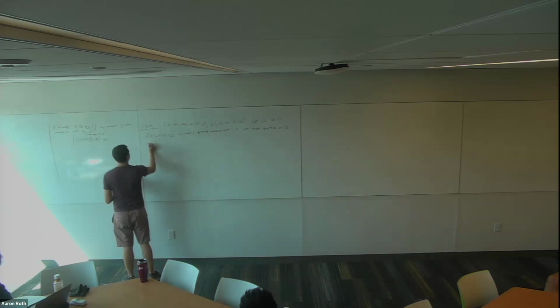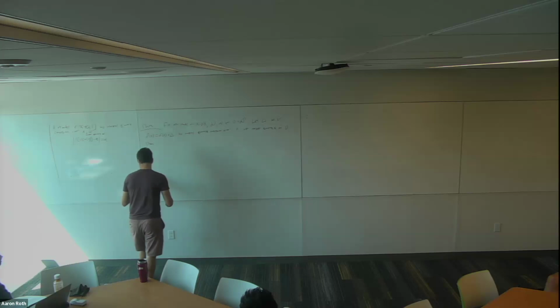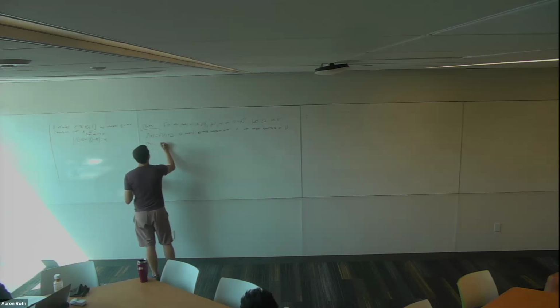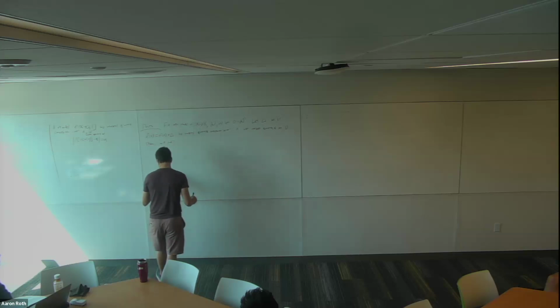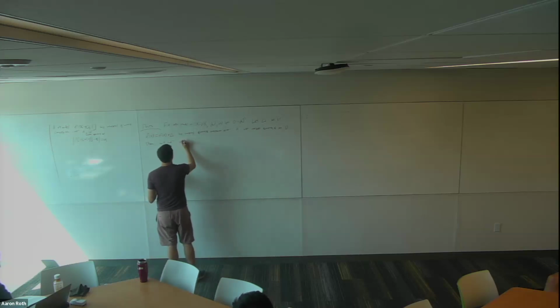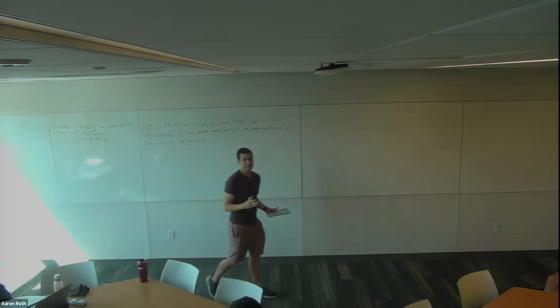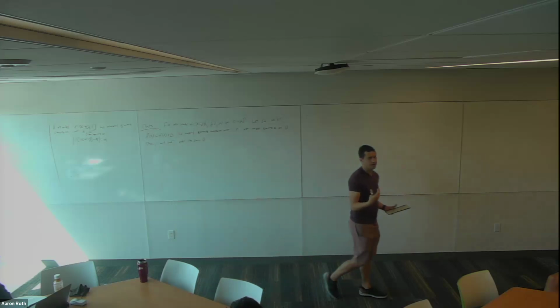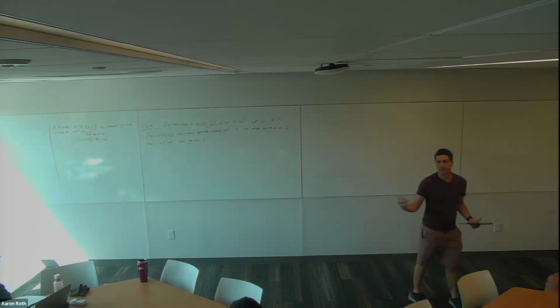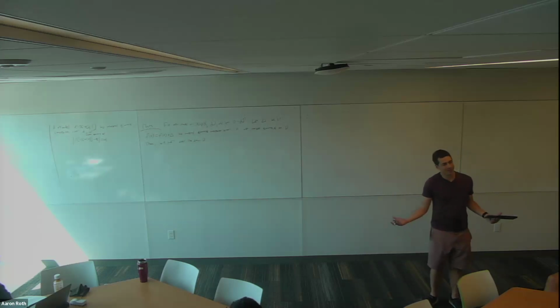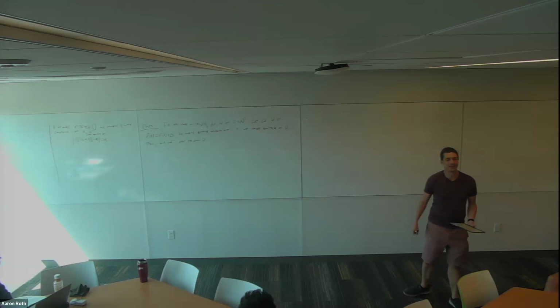And I claim that with probability 1 minus delta over the draw of the data set, or when we're trying to transfer statements about data sets to distributions, we can never say anything with certainty because we might have gotten a really unlucky draw.